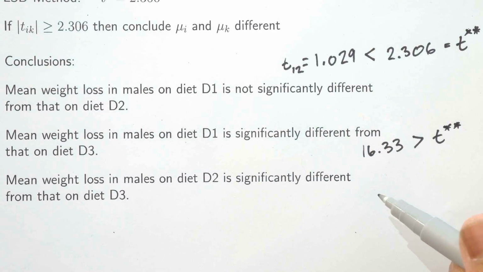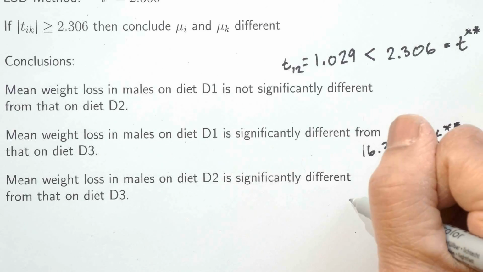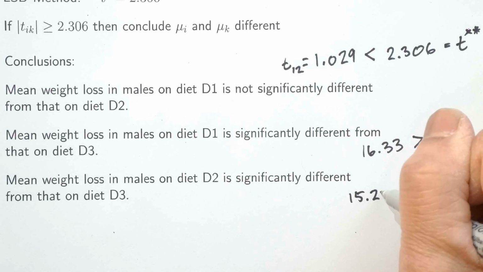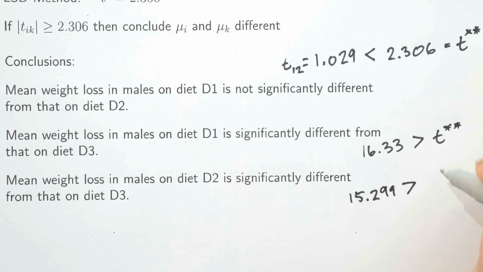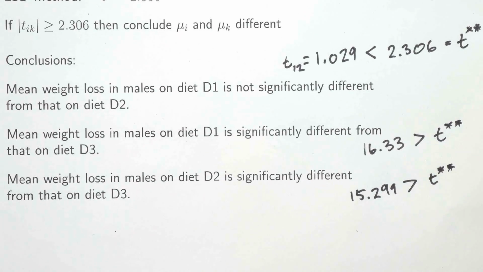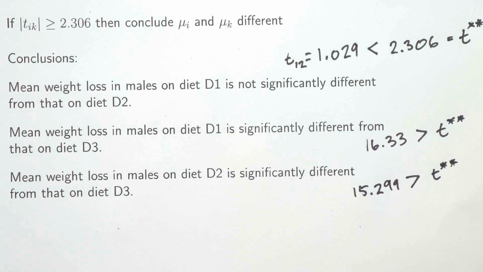And for the third comparison, we had 15.29, which is also much greater than our T star star. So we conclude that the mean weight loss in males on diet D2 is significantly different from that on diet D3. And remember, D3 was the control diet. So that was what we found here.